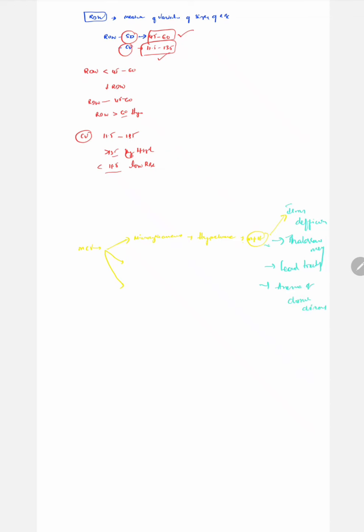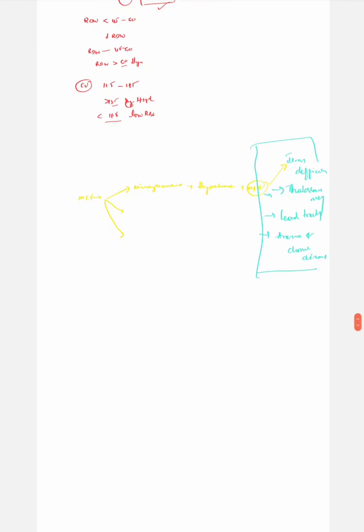Depending upon the history and further associated findings, we can diagnose the cause of the anemia. So the classification is useful in diagnosis.